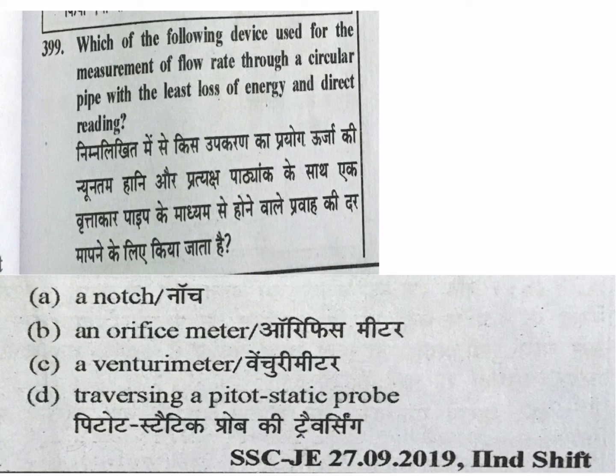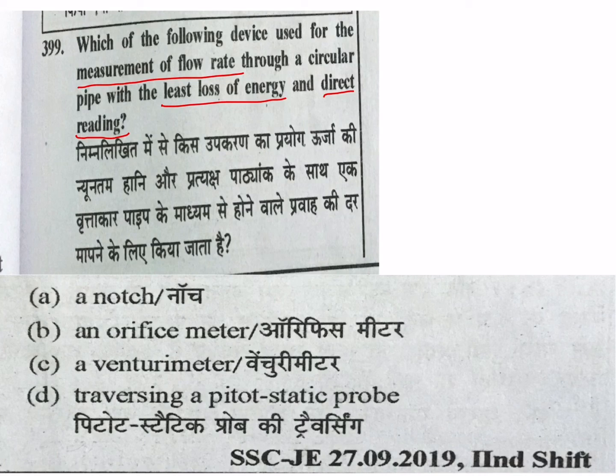Which of the following devices is used for the measurement of flow rate through a circular pipe with the least loss of energy and direct reading? You will get your direct reading, then least loss of energy. Measurement of flow rate, flow rate means Q. Pitot tube you will not get direct reading.